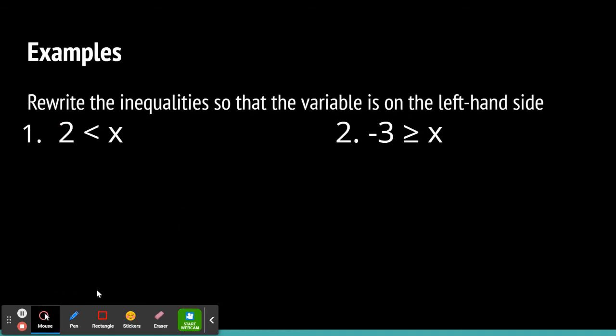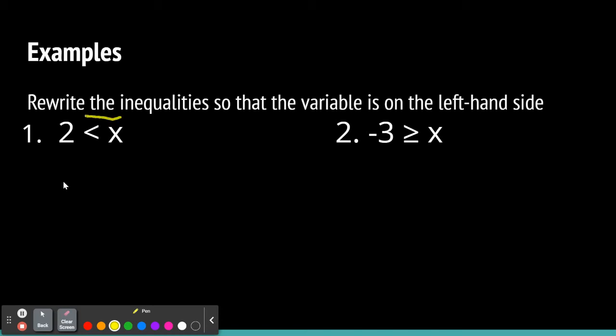Let's go to our next slide here. Sometimes you're going to see inequalities that are written with the variable on the right side. Now we want to rewrite these anytime we see them so that the variable is on the left side, because we care about how x compares to different values, not how 2 compares to x.